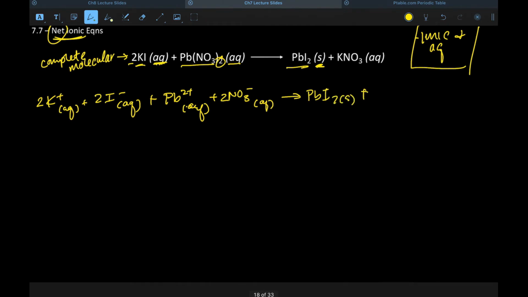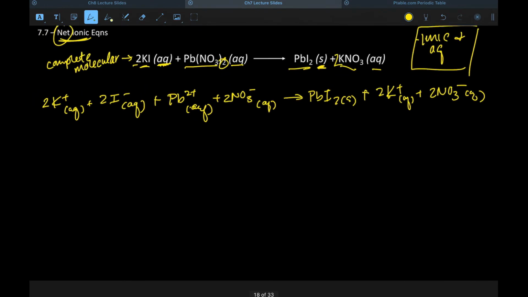Then we have ionic and aqueous, so this also gets written as its respective ions. Oh, I forgot to put a 2 here. So 2 K plus and 2 nitrates. All right, so now we have our complete ionic.